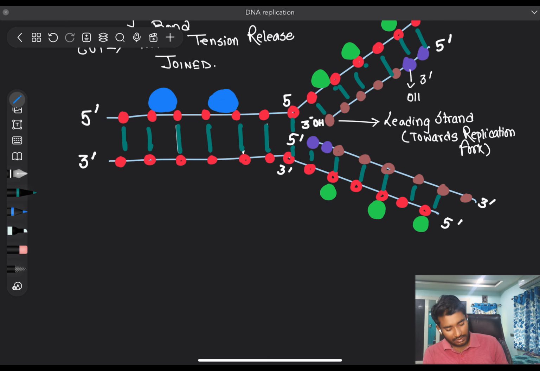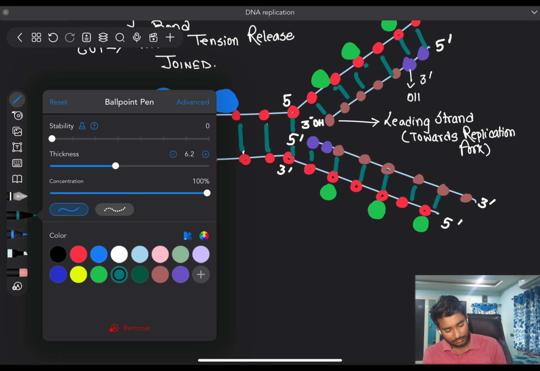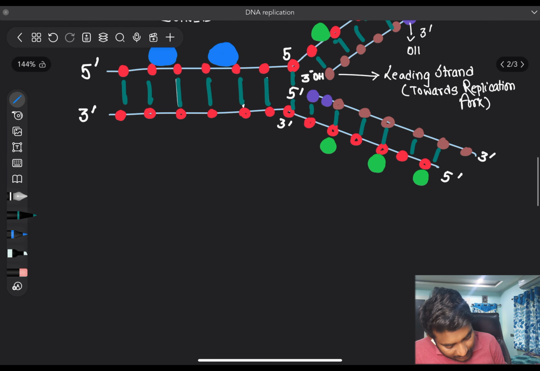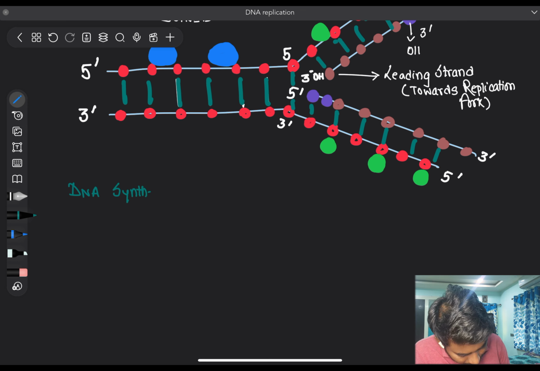Okay, now the DNA synthesis goes from 5 prime to 3 prime end. You all know it. The DNA is anti-parallel.